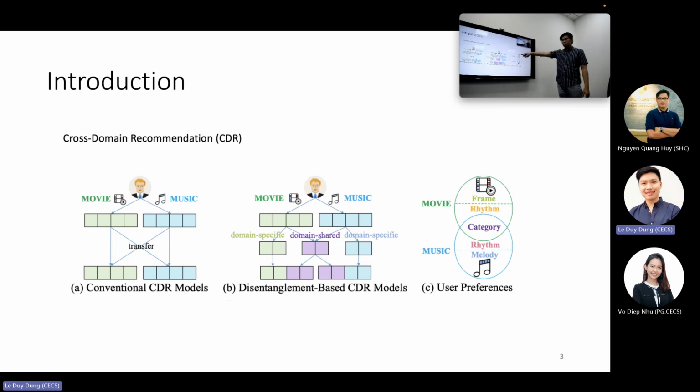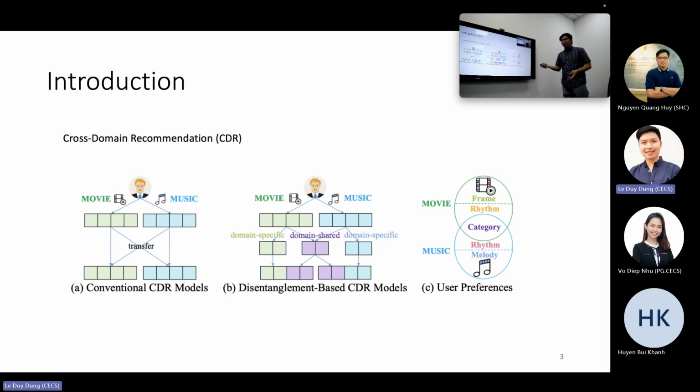The first one is single cross-domain recommendation, and the second is multi-domain cross-domain recommendation.